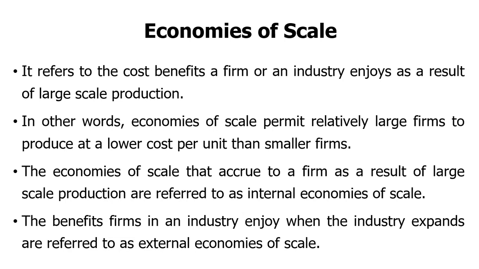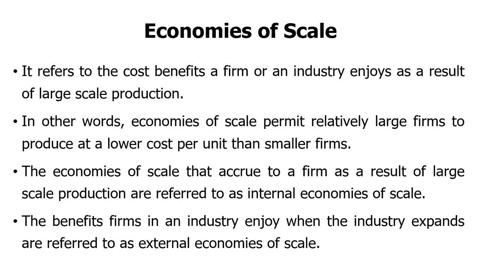But firms, a collection of firms, which we call industry in economics. And when we talk about industry in economics, we are talking about a collection of firms that produce similar outputs. When we talk about a market, we are talking about a collection of firms that sell similar products in a particular market.